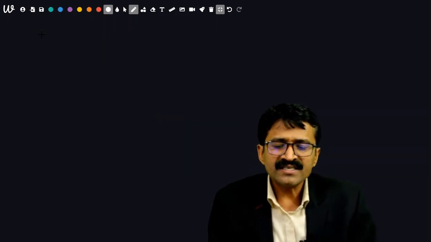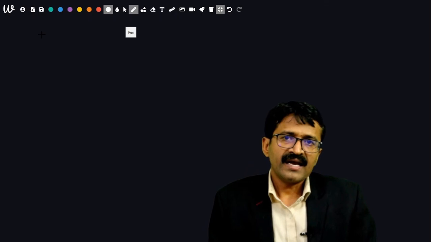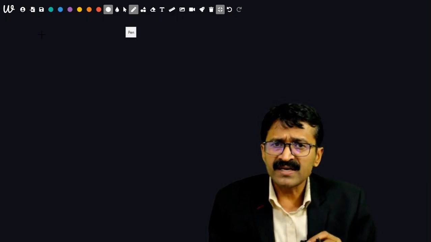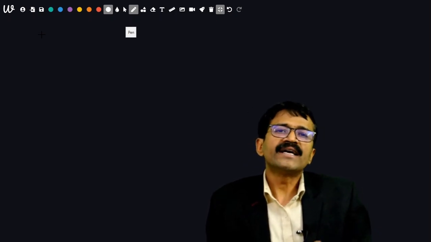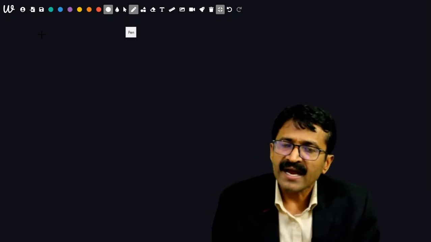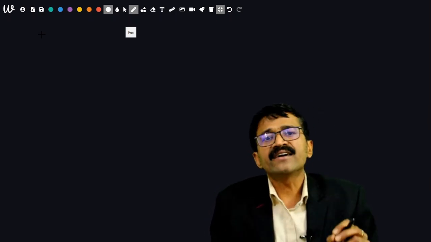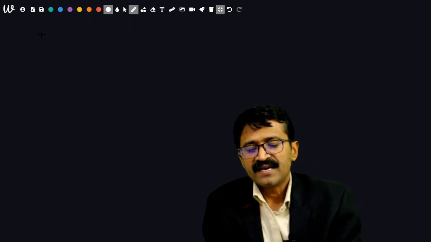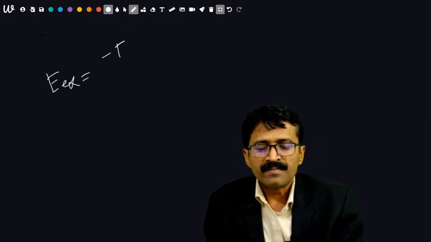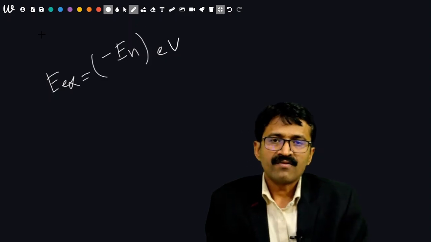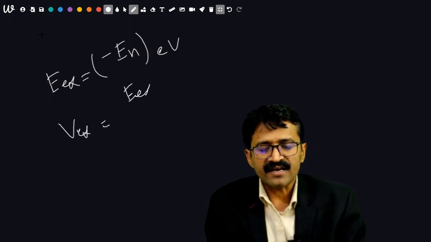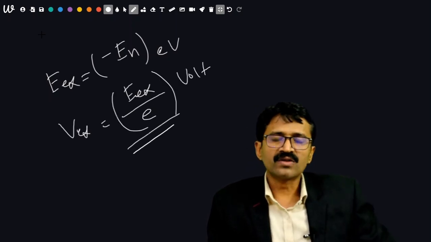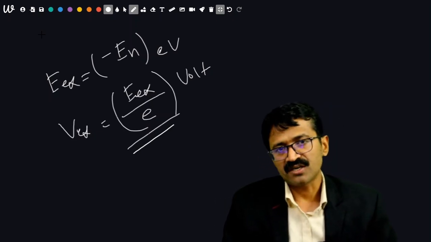As you know, ionization means whenever an electron is required to be ejected from a particular energy level. The energy required to take the electron out from a particular energy level is known as ionization energy, and the required potential for that purpose is the ionization potential.